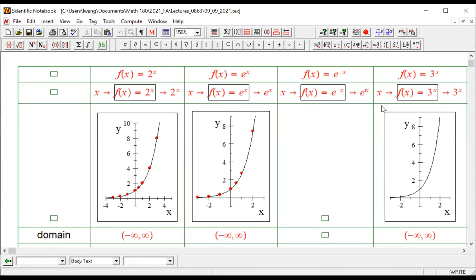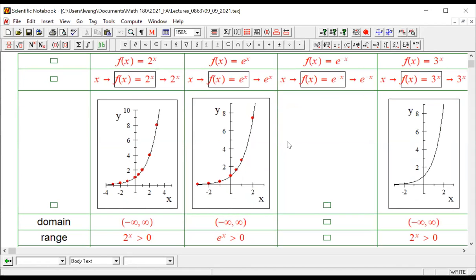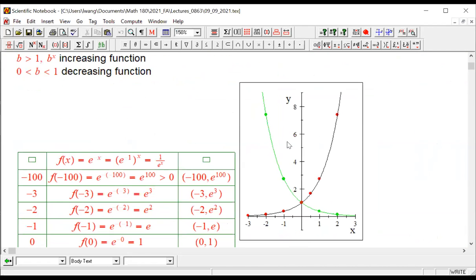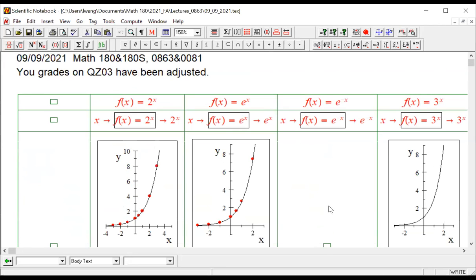Very useful function. I promise you, you're going to get to use it. And I'm going to put the picture right there.